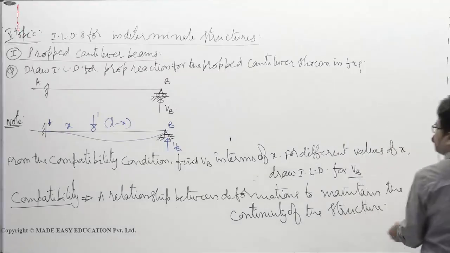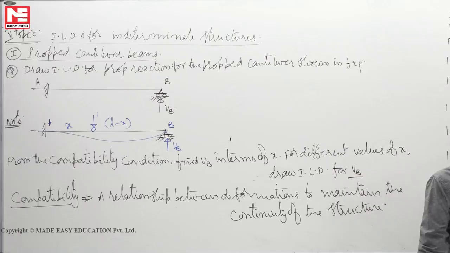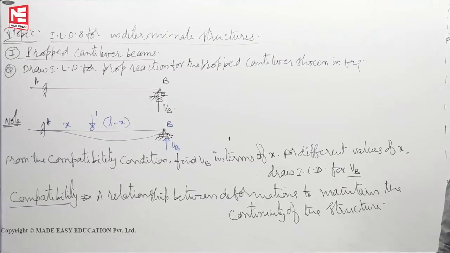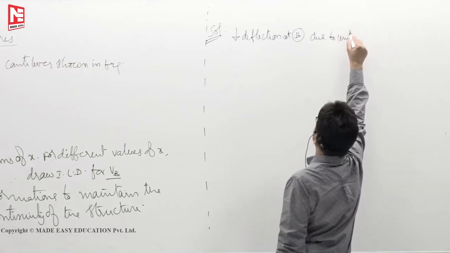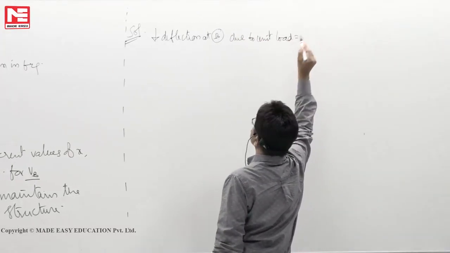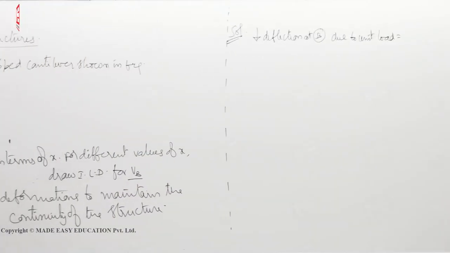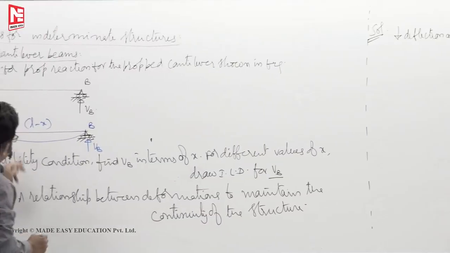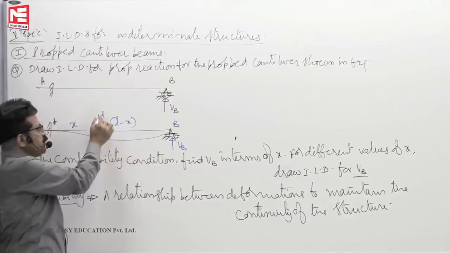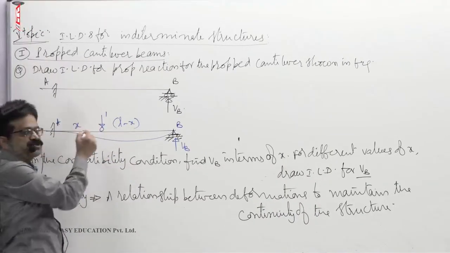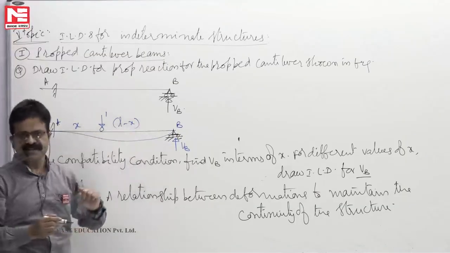Now, you see how to find that. Downward deflection at B due to unit load. This we know. How we find it: if VB is not there, due to unit load alone, under the load what is the deflection? WL cubed by 3EI. Now W is 1, L is x. So 1 into x cubed by 3EI plus theta into L minus x.